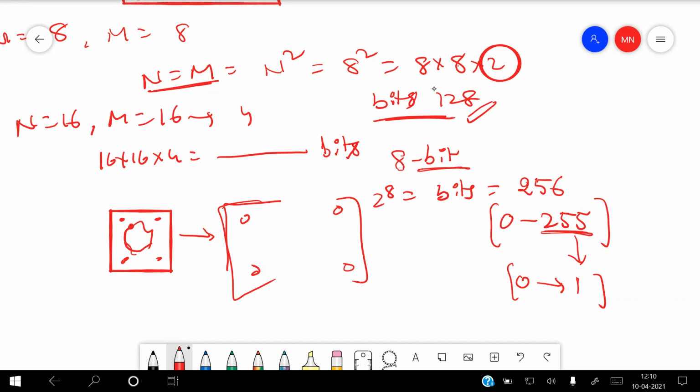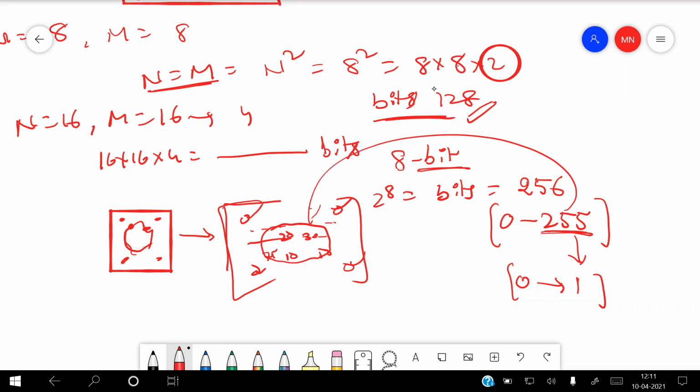This particular point has an intensity value, say 20 because the intensity is higher. Here the intensity is very low, it is 10. These are the intensities 30, 50, 75. In between only you have intensity values and the remaining values are all zeros.